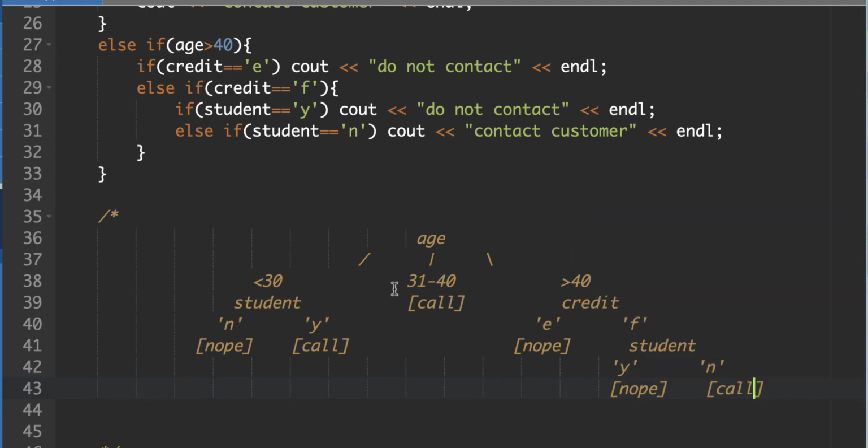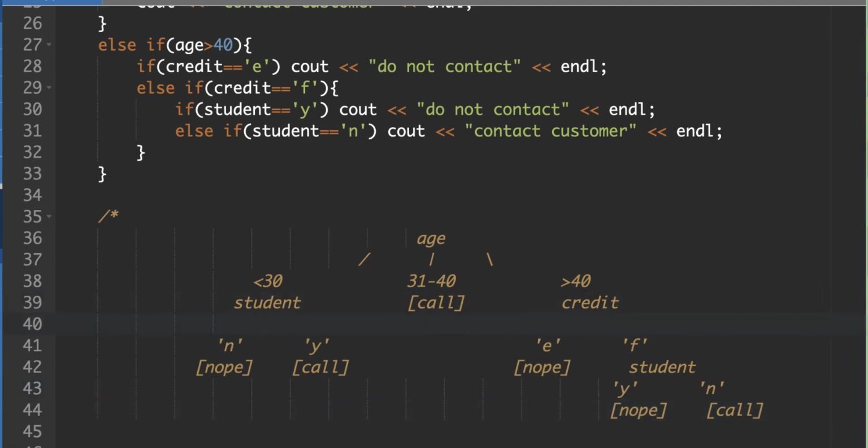So what this does is it visualizes a little bit what it would look like, and I'll just further clarify it with some slashes. I don't know if this will confuse it instead. So we branch all of our choices in this manner. So from each variable, there are multiple choices that could occur.